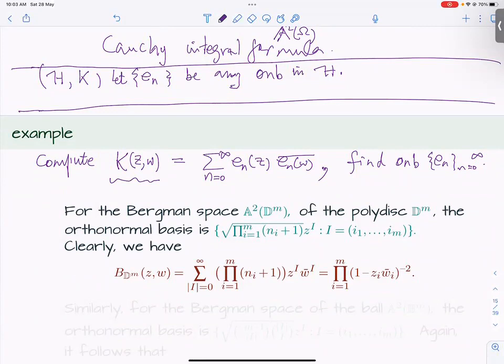Well, in this particular case, as Deepak had already started explaining, D^m is the polydisk, which means that you are really looking at a product measure.